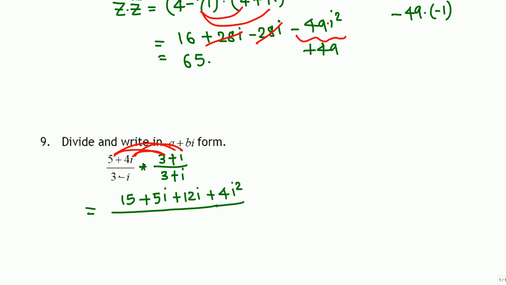On the bottom, same thing, just FOIL. 3 times 3, 9, 3 times i, positive 3i, negative i times 3, negative 3i, negative i times i, negative i squared.